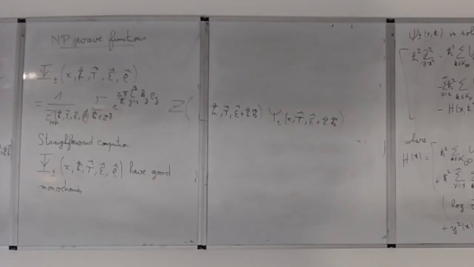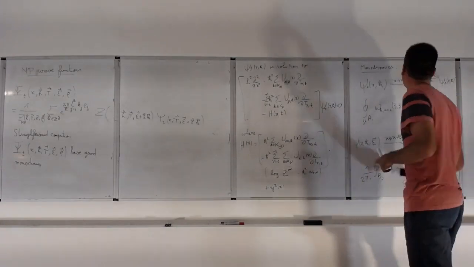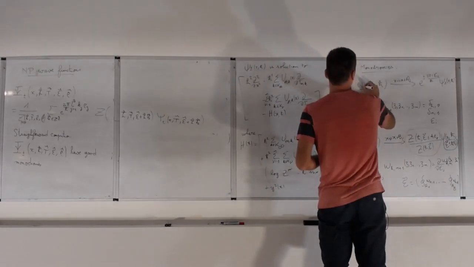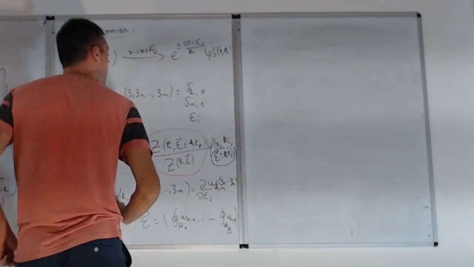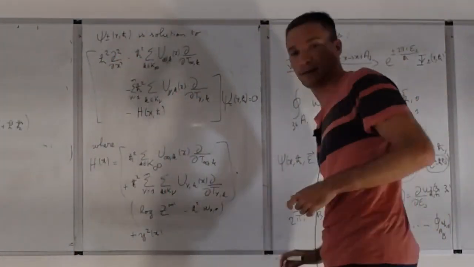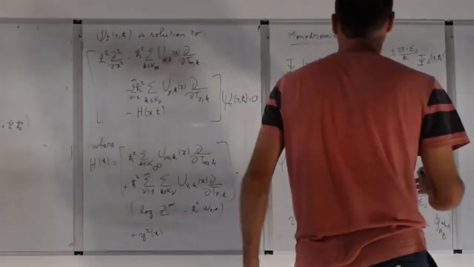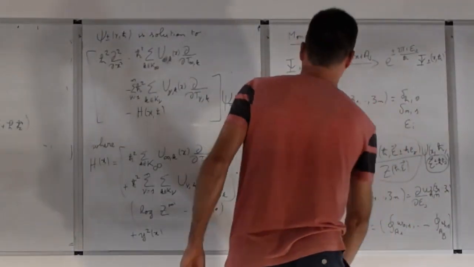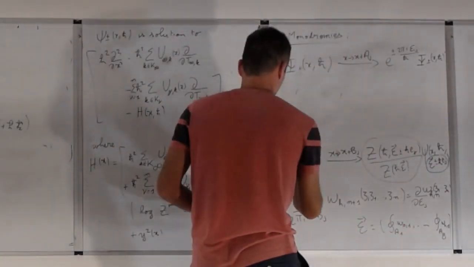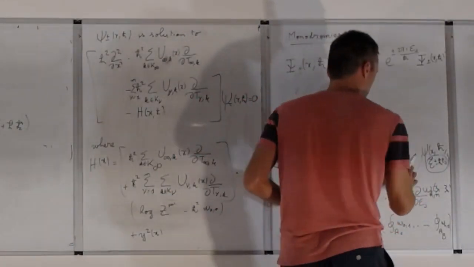And so what do I mean by good monodromies? Well, it's exactly what you would like. On the A cycle, nothing happens. And on the B cycle, when you go around, you don't have this shift factor anymore.